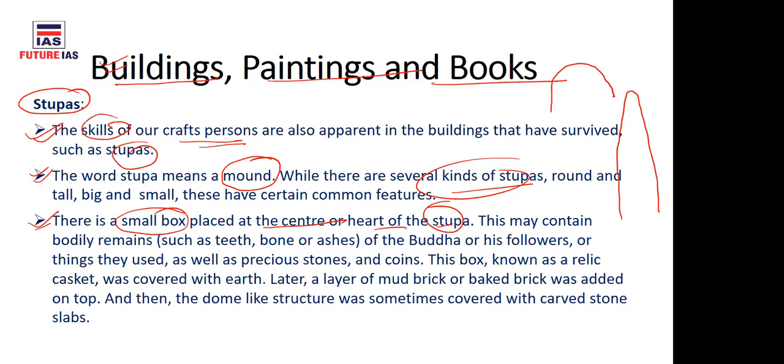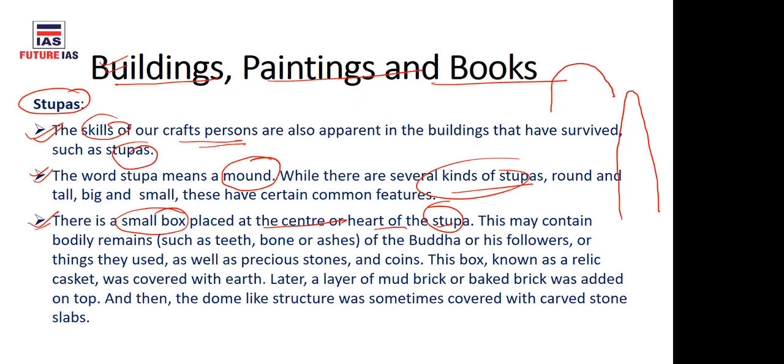For example, the eight or nine stupas were constructed after the remains of Gautam Buddha, which were distributed by Ashoka all along the different places. So these stupas consist of the bodily remains of the Buddha and his followers.